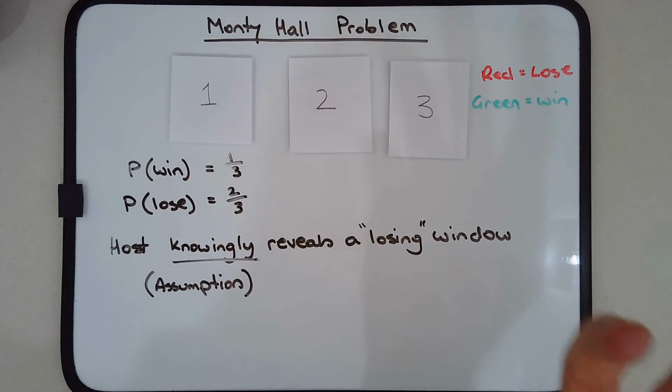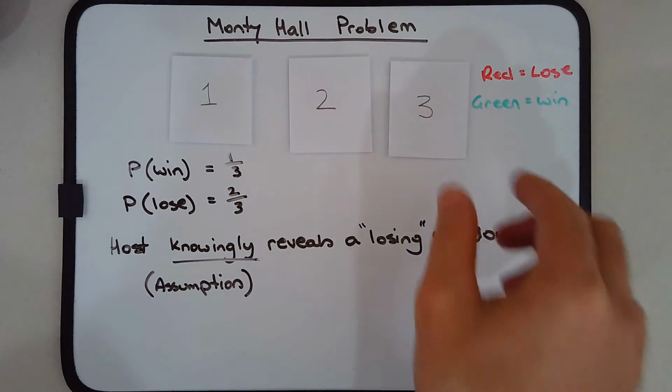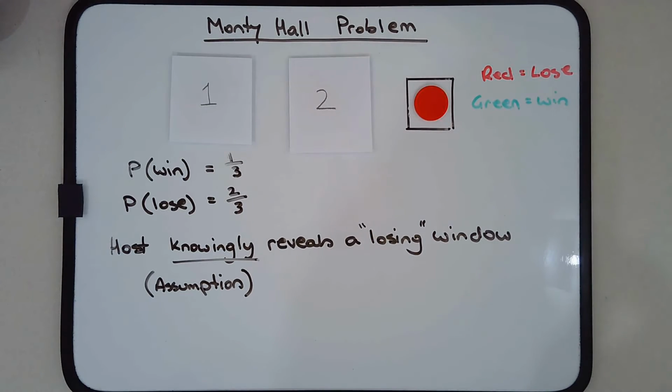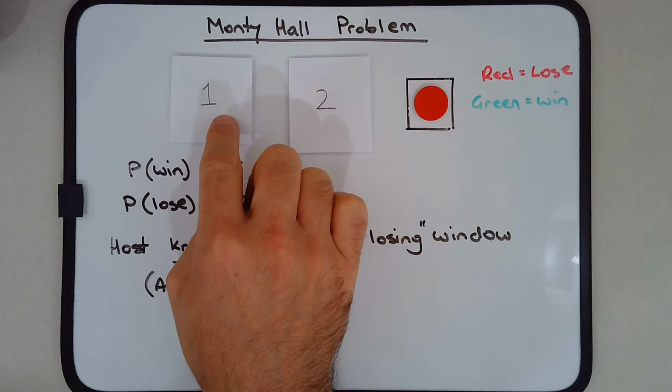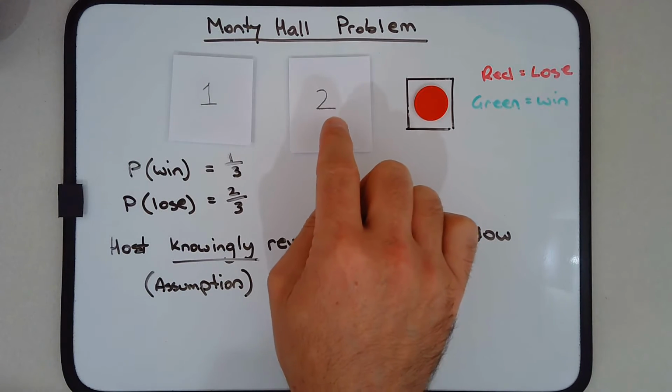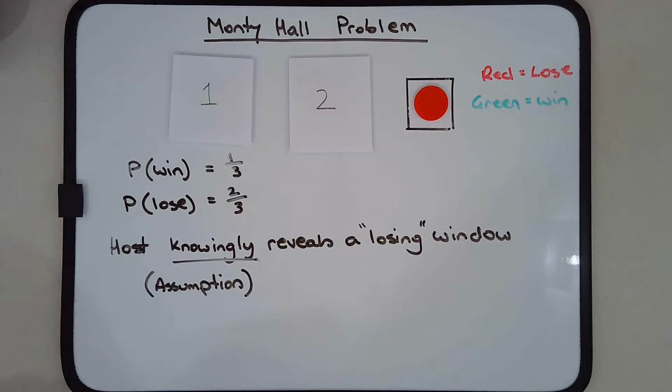Let's say the host then reveals window number 3. That's a losing window. The host would then ask the contestant, myself, what would you like to do? Would you like to stick to your choice of window number 1, or would you like to now switch to window number 2? So the Monty Hall problem is, what is the best decision to make here?